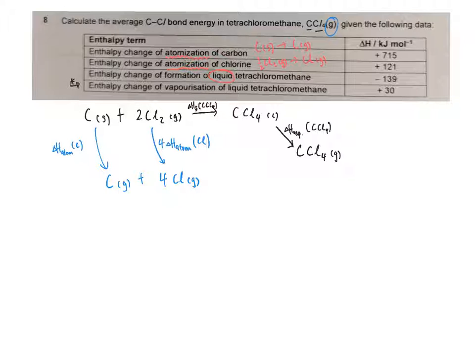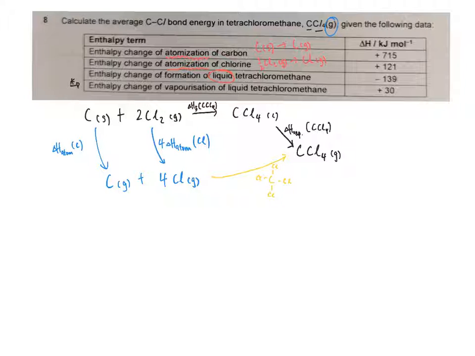Right? So easy idea. You're trying to form a bunch of chlorine atoms. It makes sense to reference that as the 1 mole of something. So you have 1 mole of chlorine atoms. And lo and behold, that's the golden bit. You are going to form 4 CCl bonds here.